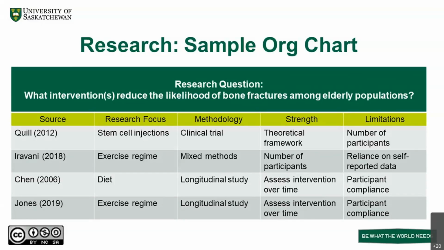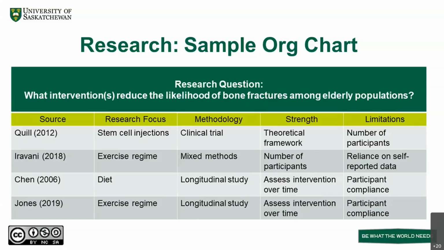But basically, the quality of an organizational chart is that it can become very personalized, which makes it very attractive because you can decide what are the bits of information that are going to be most valuable to you when it comes to revisiting some of these sources, if you need to revisit some of these sources as you're writing up your literature review.